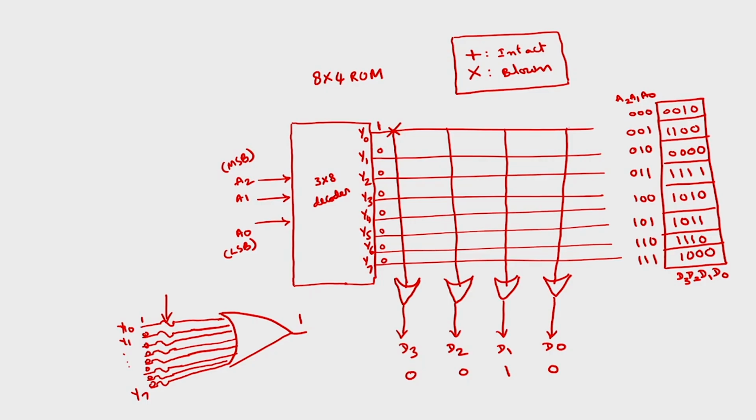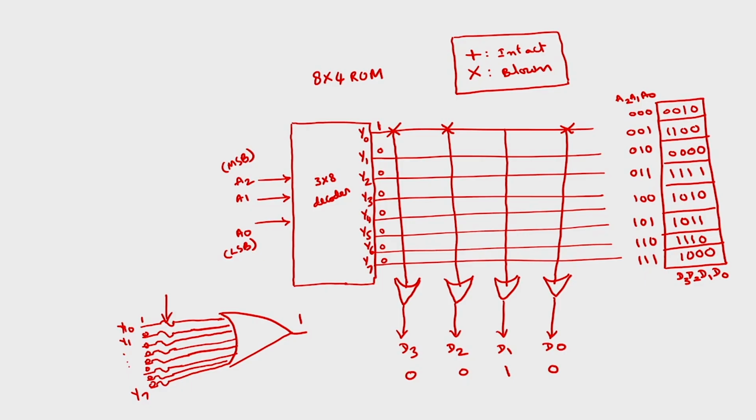The remaining inputs are zeros, so even if I keep them intact, they will not produce 1. The input with 1 has to be broken. Similarly, D2 also I want 0, so break this connection. D1 stays as it is. D0 I have to break because I want 0. So whenever I use 0 0 0 here, the output data will be 0 0 1 0.